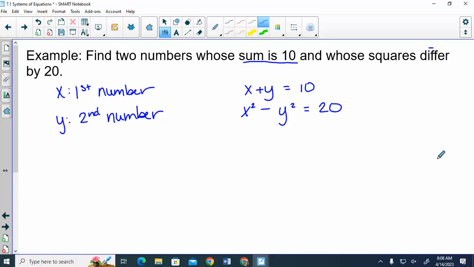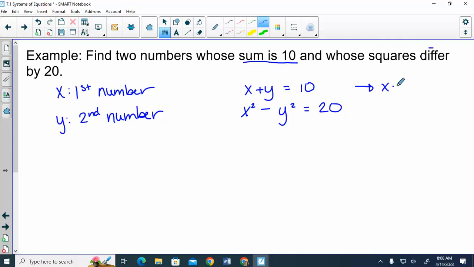Would I be able to solve this with elimination? No. So what would I have to do? Substitution. So the new part is we had to write our equations. To find our variables, write our equations. Now it's just like the stuff from yesterday. So we can't eliminate a variable, but we could substitute. So solve for x.